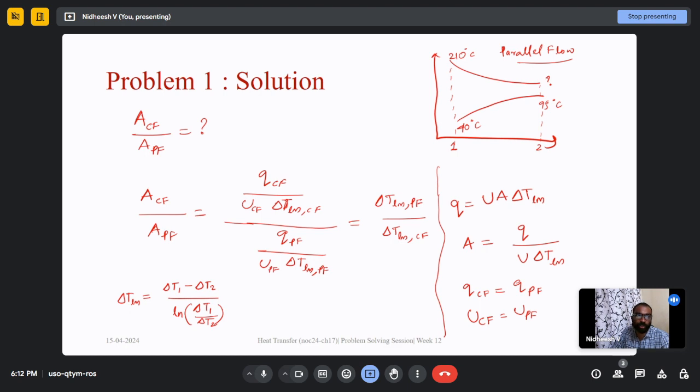So how can we calculate that temperature? Any thoughts on that? We can equate the heat that is lost by the hot fluid to the heat that is gained by the cold fluid, right? We can use that concept here.